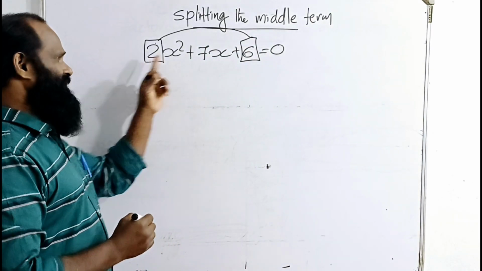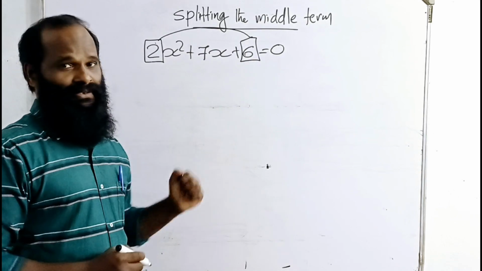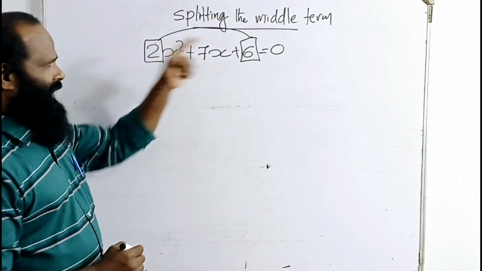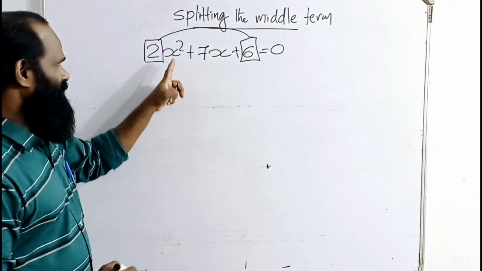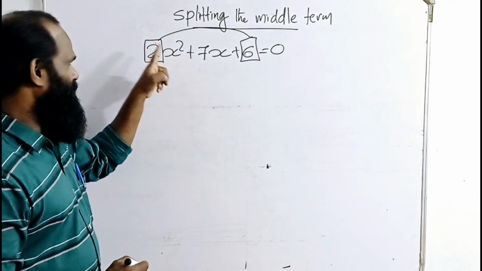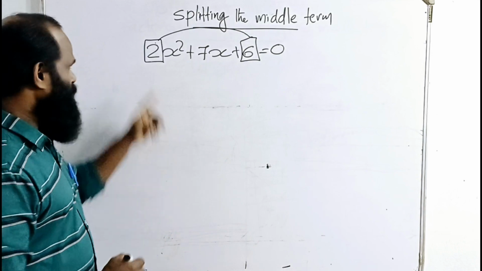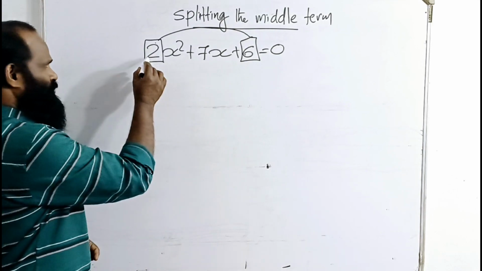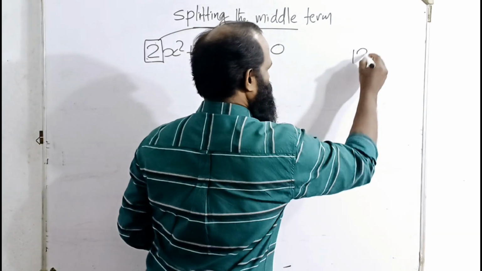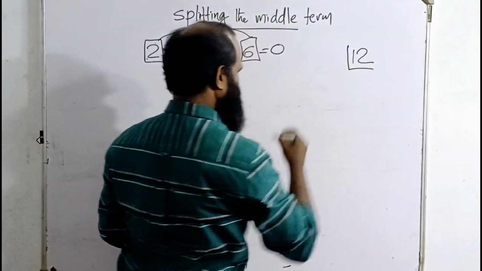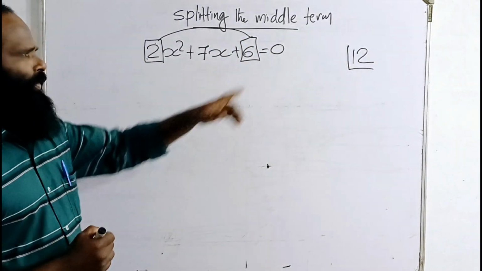Multiply the first and the last term. When you multiply, take care, do not multiply using x square; we use only the coefficient. So 2 into 6 is 12. The product is 12.